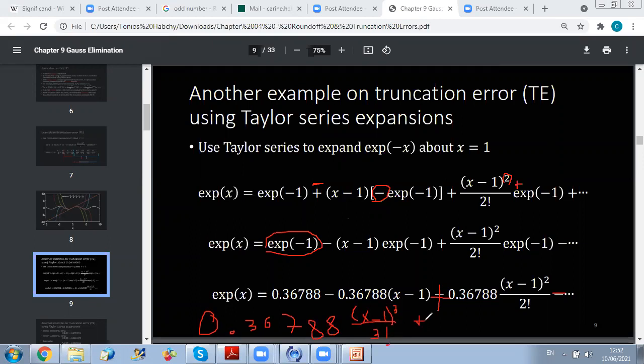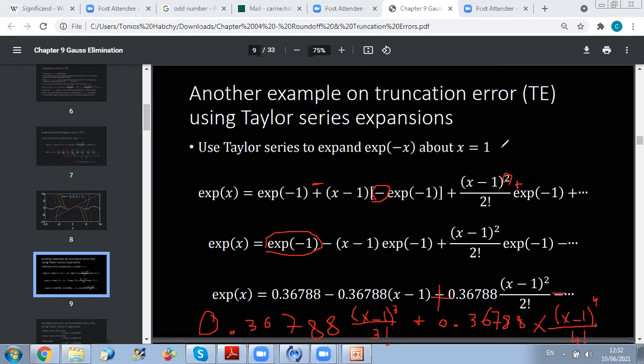So now plus 0.36788 times (x minus 1) to the power 4 over 4 factorial, and it will be repeated several times.